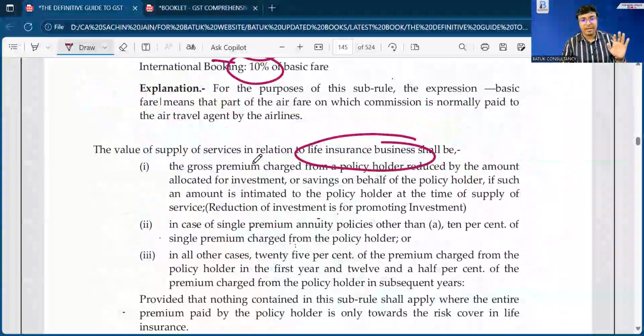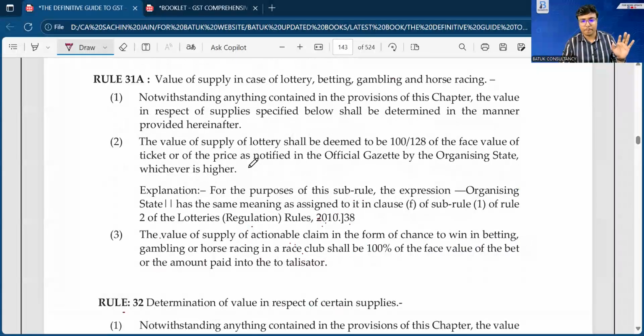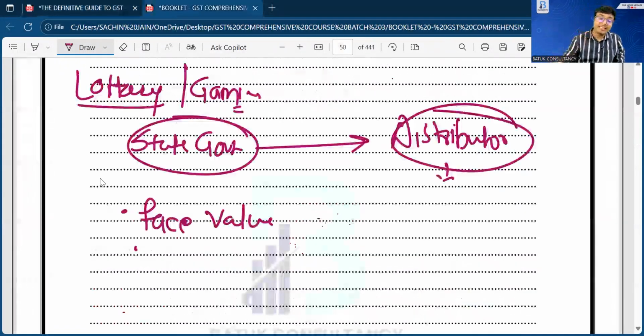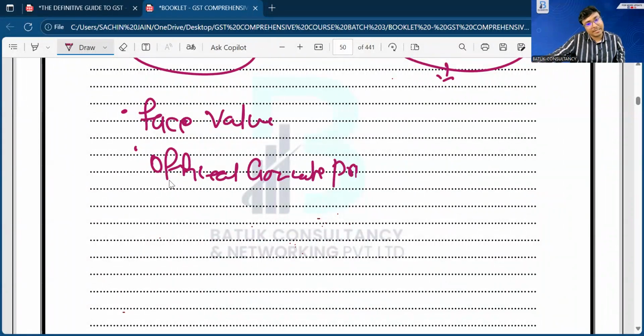You can check page number 137. So the state government is also going to publish a price in the official gazette. So there are two possible scenarios: face value or official gazette price.